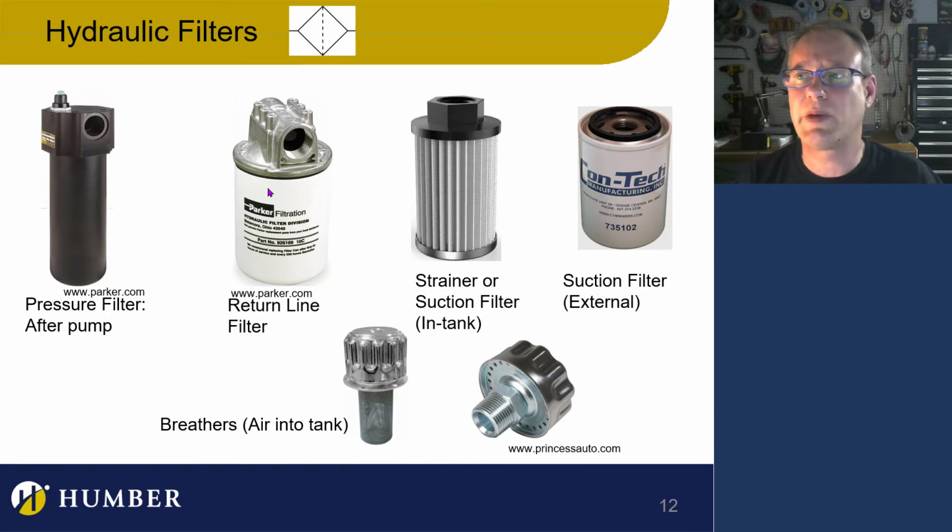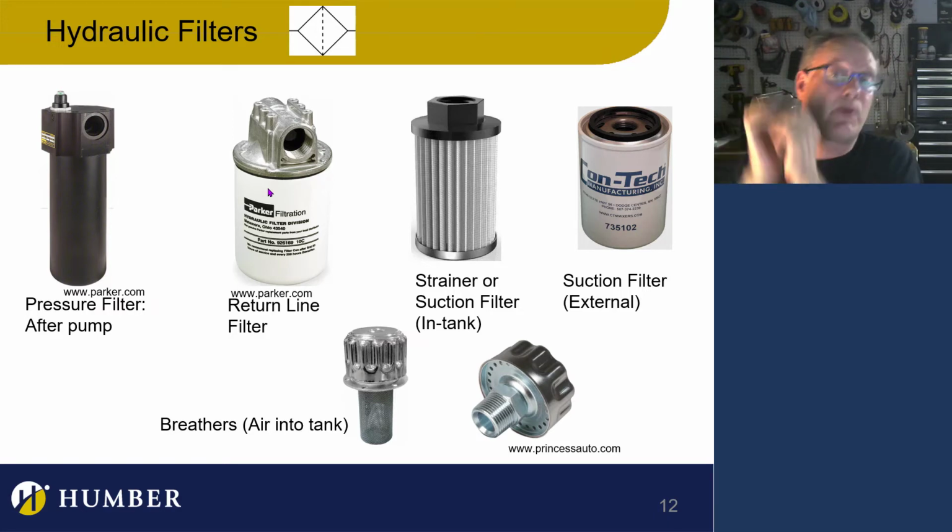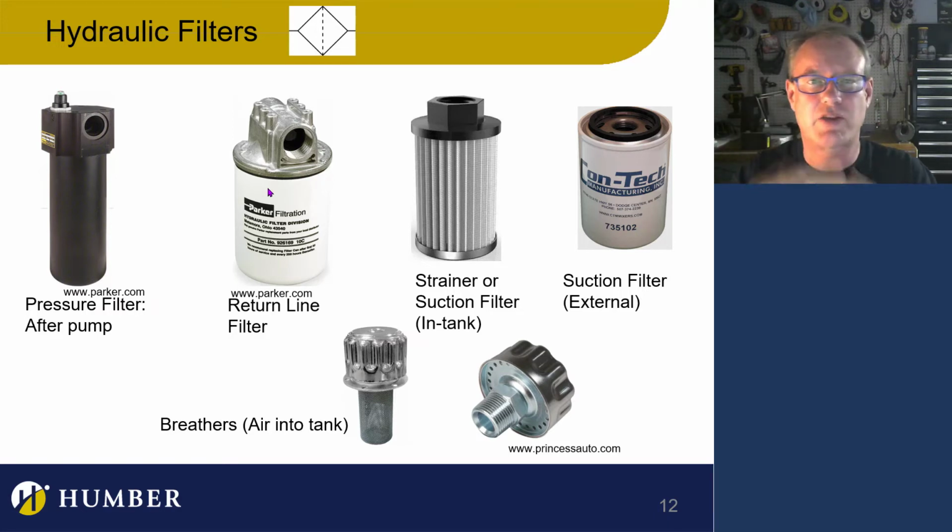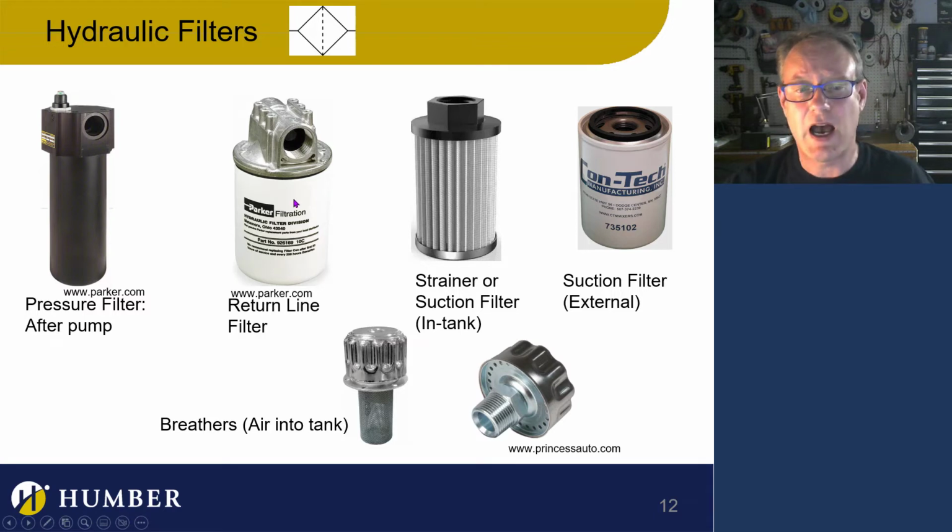There are going to be little bits of seal that are coming out, going into the fluid and going through. So the best thing to do to get rid of that stuff after it gets put into the system through the actuators and the valves and everything else, is, before the fluid goes into the tank, just grab it and say, hey, no, you're filtering it out. So this is an inline filter or a line filter, and it's on the return.